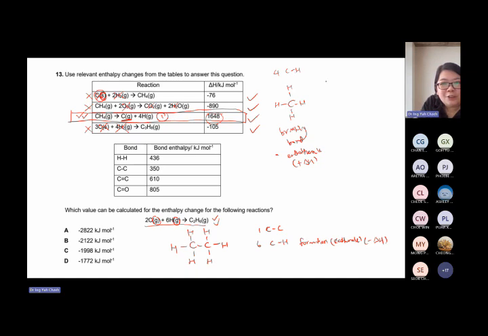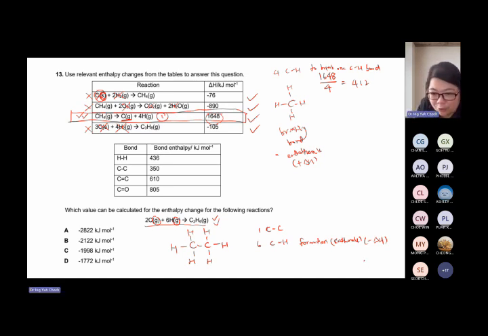From equation 3, I'll be able to find how much energy is needed to break one CH bond, which is 1648 divided by 4. To break one CH bond, I need 1648 divided by 4, which is 412 kilojoule per mole.